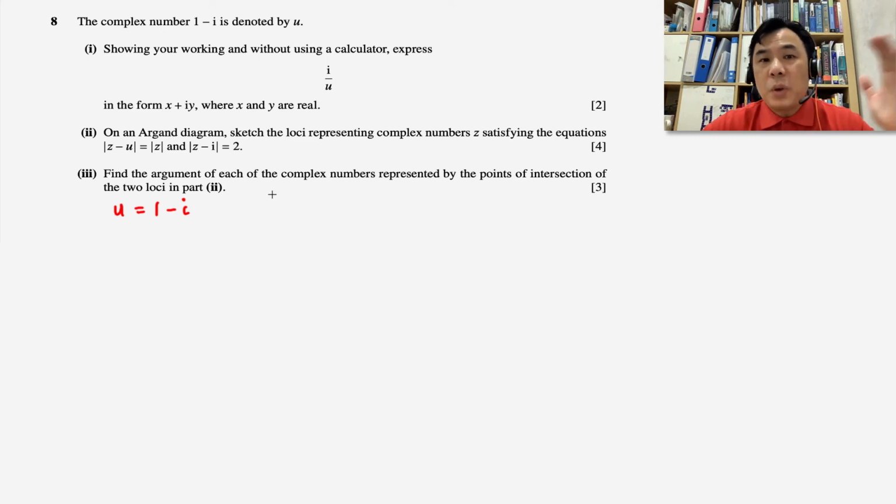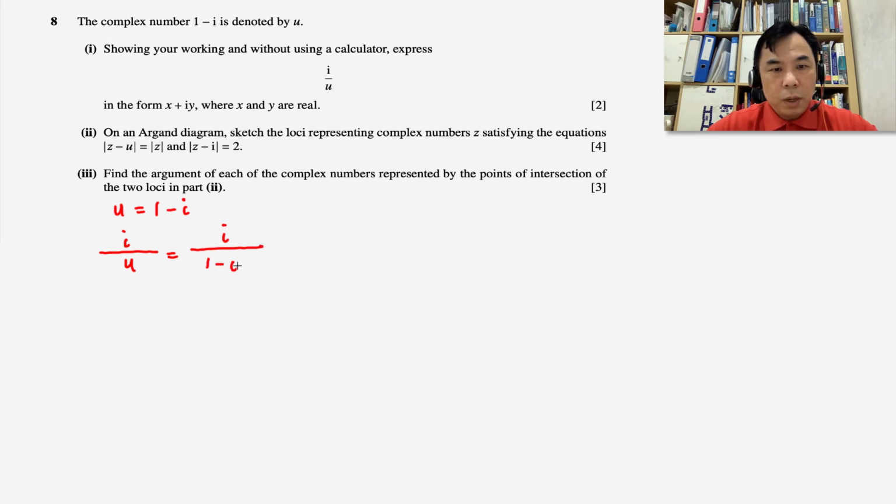It is rationalization. Because u is equal to 1 minus i, therefore i over u is basically i over 1 minus i. Yes, we are going to rationalize it because that's what we have been taught all this while. Rationalize it using its complex conjugate.